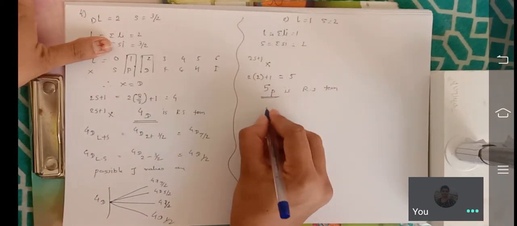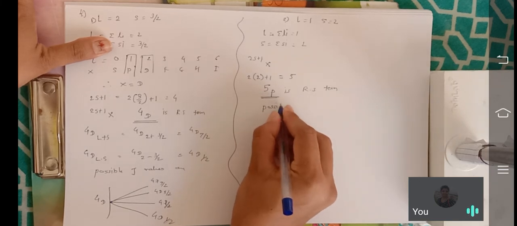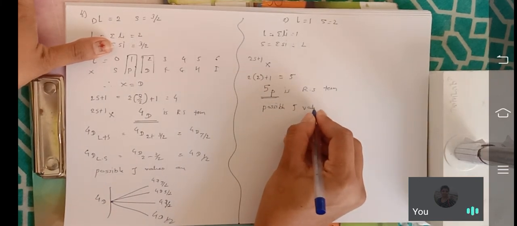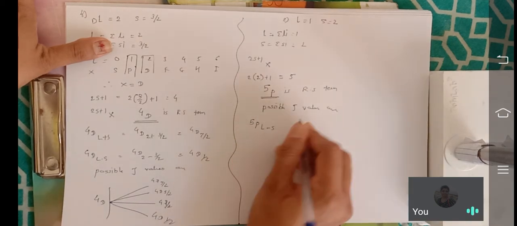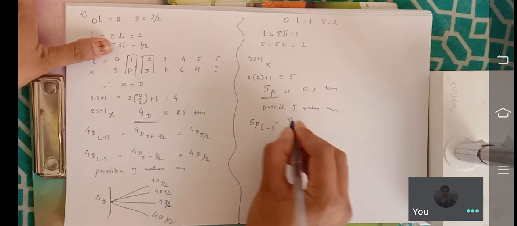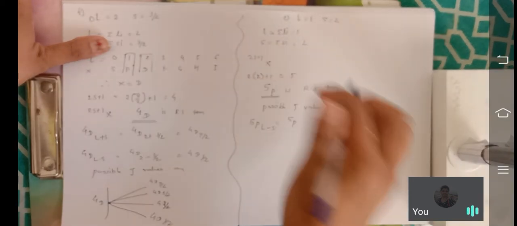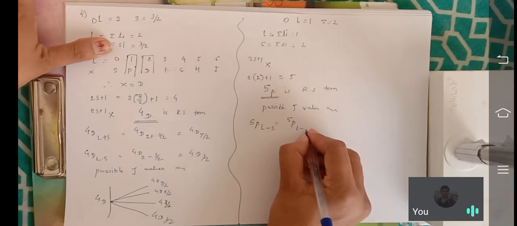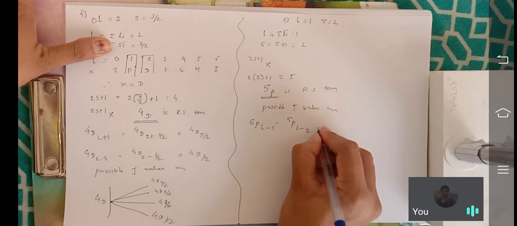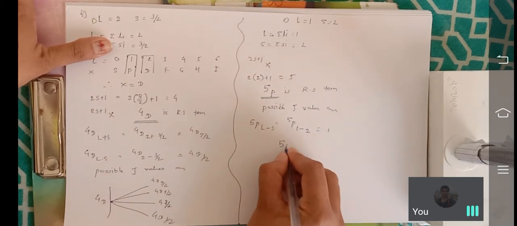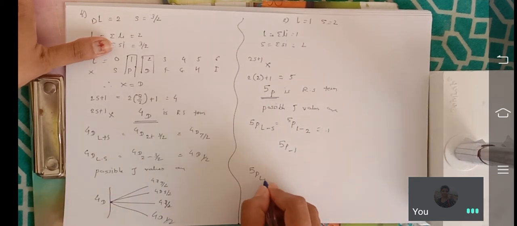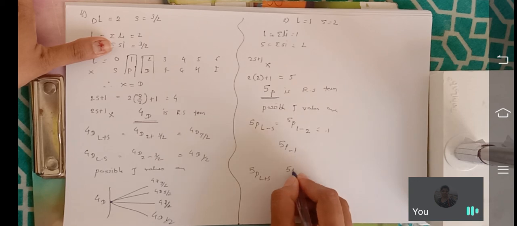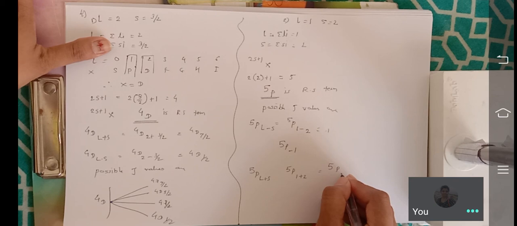Then the possible J values are quintet P, L minus S. Quintet P, what is the value of L? Here 1, S is 2. So 1 minus 2, what is the answer? Minus 1, that means quintet P minus 1. Then quintet P, L plus S: 1 plus 2, that means quintet P 3.